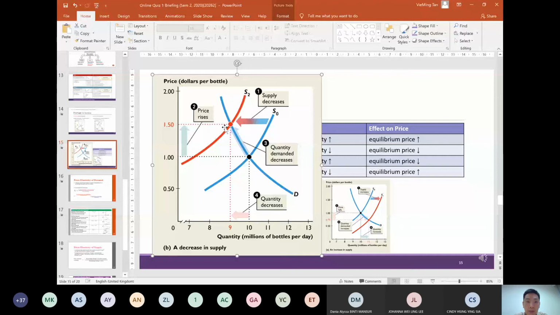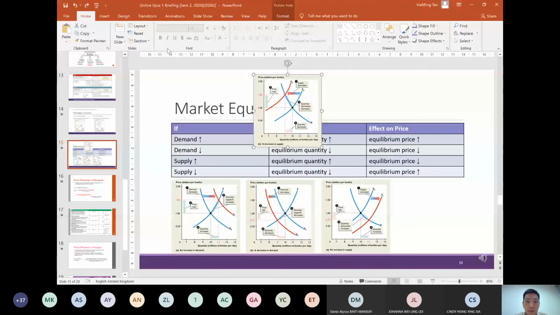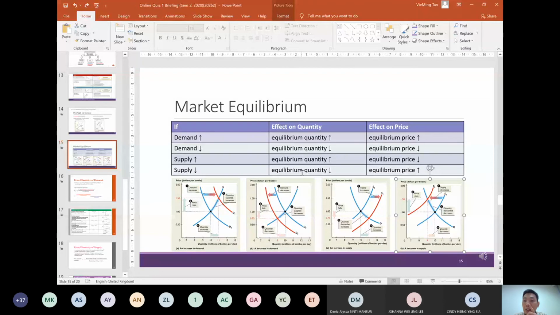At this point, you may find that the market price is increasing, but the market quantity is reducing. So in short, you can conclude when the supply is reducing, this will reduce the equilibrium quantity but increase the equilibrium price. So you can refer to this diagram to help you answer this type of question.